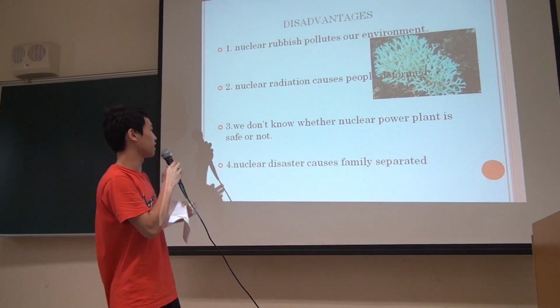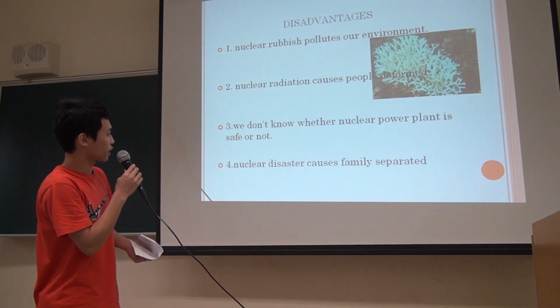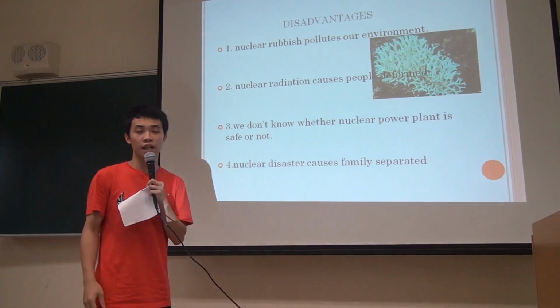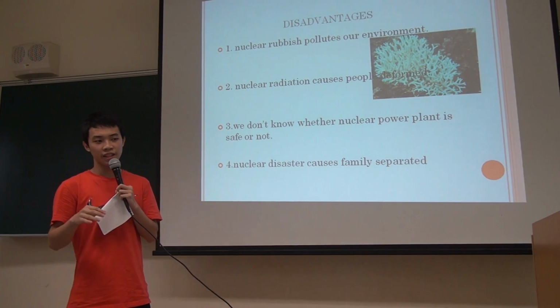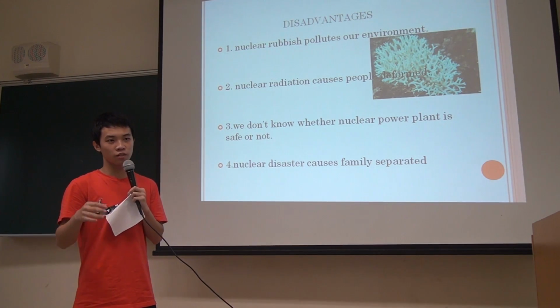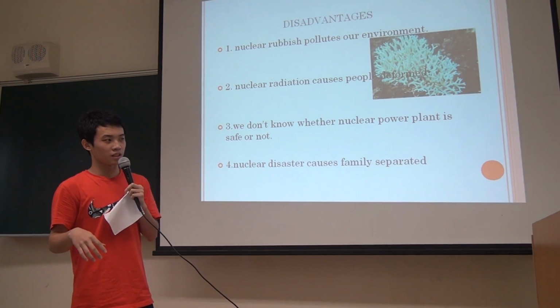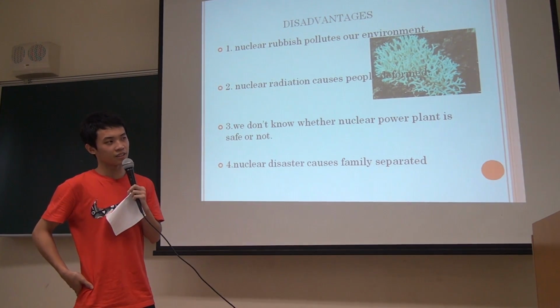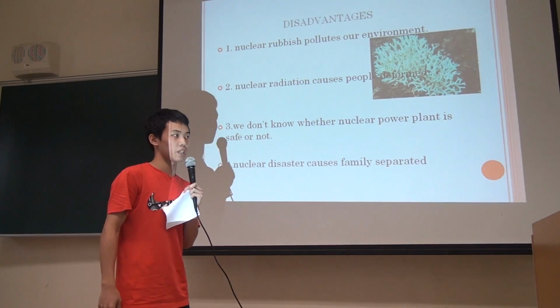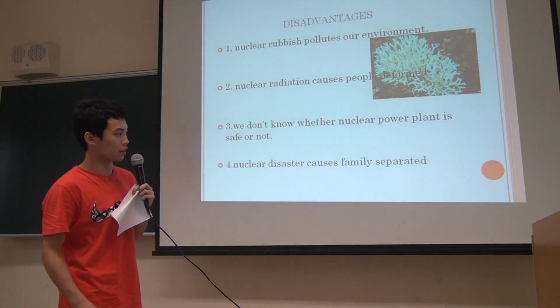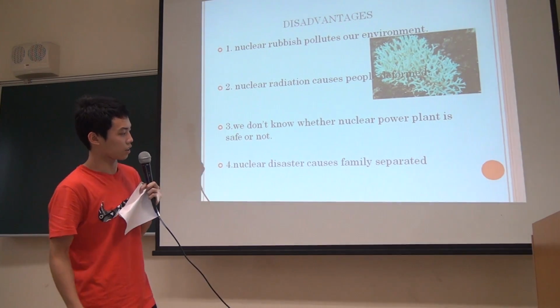The fourth point is nuclear disaster causes family separation. Like in Fukushima, their pets like dogs or family must be separated because the condition is an emergency and they don't have enough time to take them along.